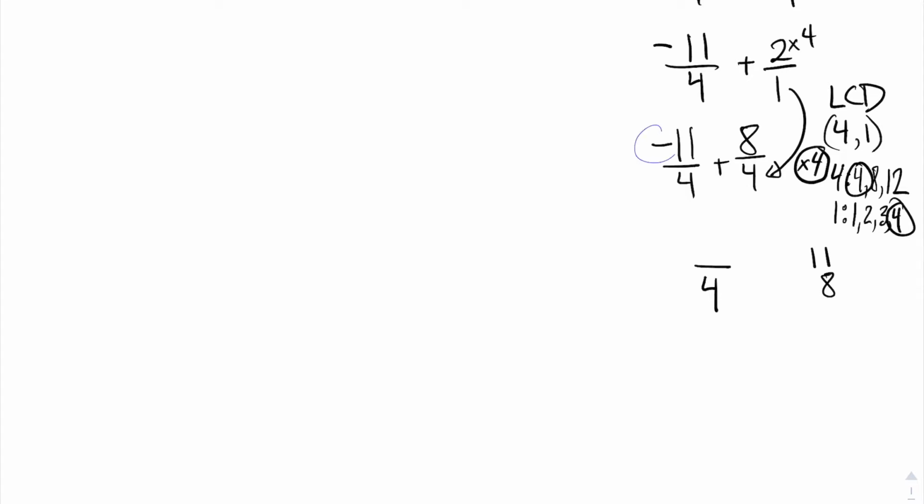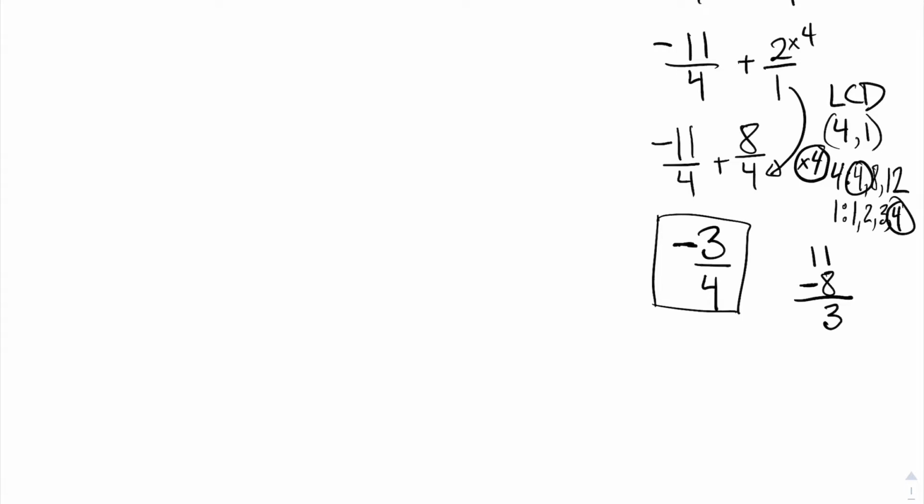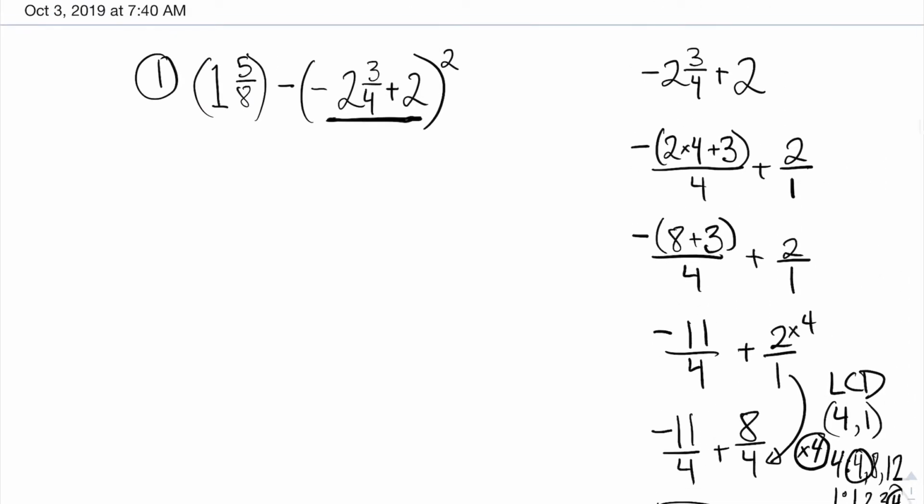Check the signs, they're opposites, so I'm subtracting. 11 subtract 8 is 3, and I have my final answer of 3 over 4, which is a negative number because the larger digit was a negative. Now, finally, I can get back to the original question, replacing my negative 2 3/4 plus 2 with negative 3 over 4. I leave everything else in the question the same.